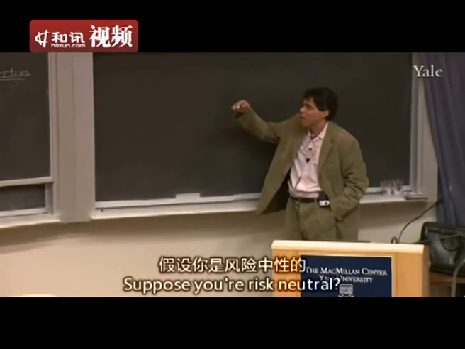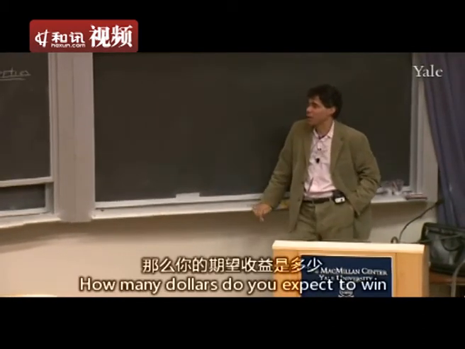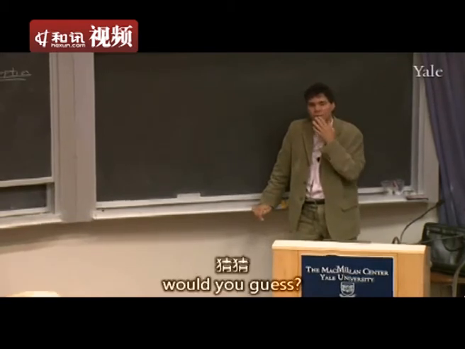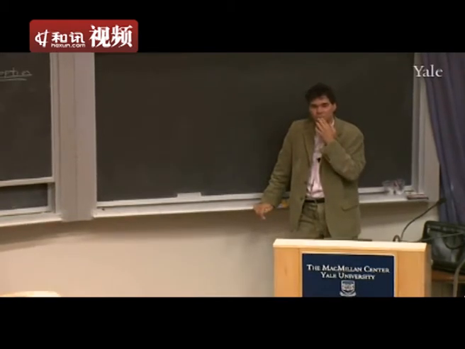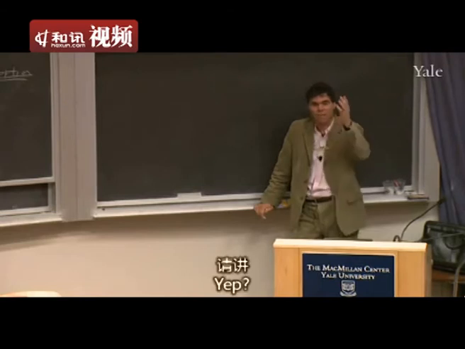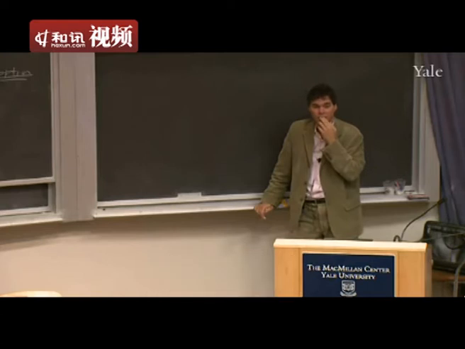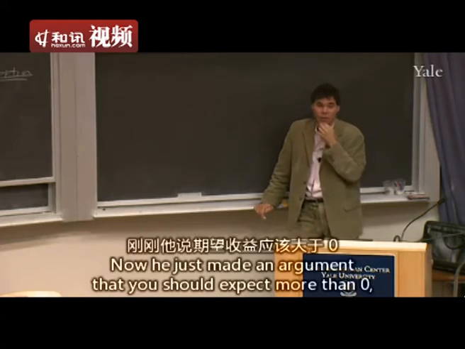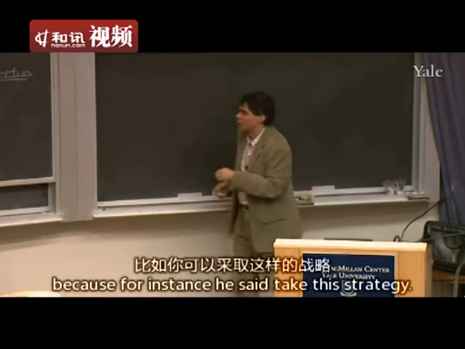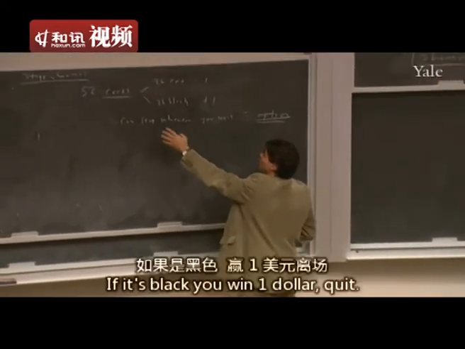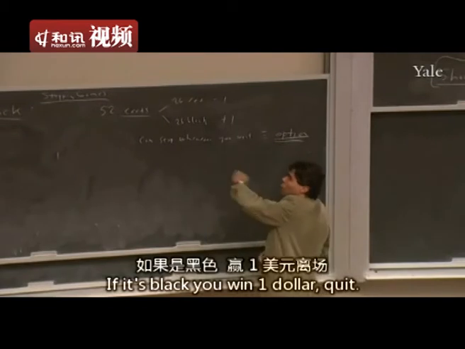Suppose you're risk neutral. How many dollars do you expect to win? Would you guess? You'd expect to get 0. Now he just made an argument that you should expect more than 0. Take this strategy: pick a card. If it's black, you win $1, quit.